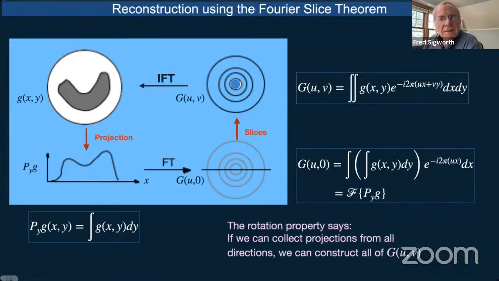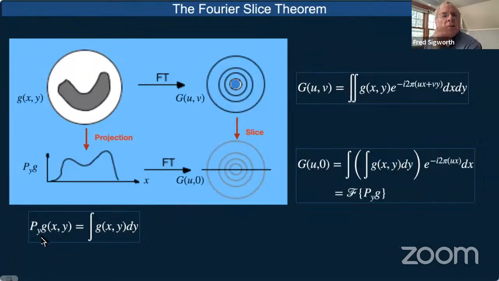The way this works is a projection is an integral. So, for example, a projection along y is just an integral over the y variable. And the Fourier transform is an integral too, and it turns out that we can just convert part of this integral into a projection by just saying, okay, let's look at the 2D Fourier transform with v, the second frequency variable, being 0.